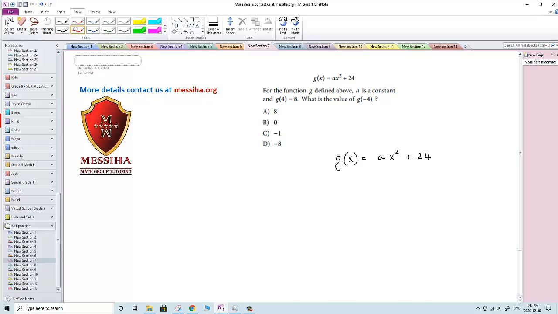However, the a is unknown. So to find g(-4) with numbers, I have to find a. They give me something to help me. They told me g(4) equals 8. So let me work with this one.